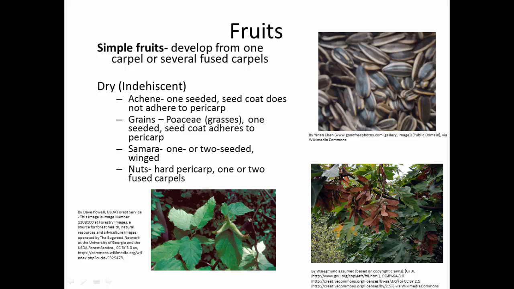It also includes acorns and walnuts. It's a little tricky because there are a lot of things that we call nuts that are actually seeds. For example, almonds are not true nuts, botanically speaking. They're just a seed that would be found inside a different kind of fruit, a drupe.